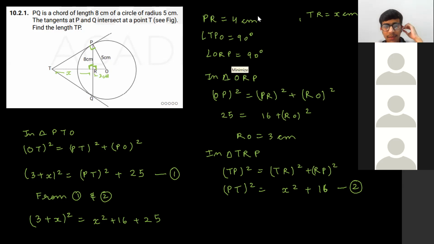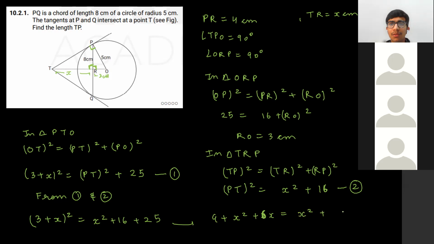X is equal to 16 by 3. Are you sure it will be 16 by 3? Let me solve this. It will be 9 plus x square plus 6x is equal to x square plus 25 plus 16.